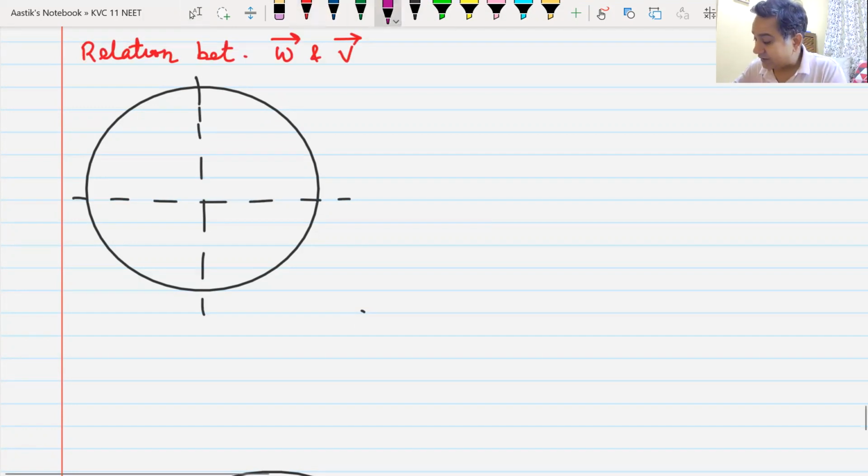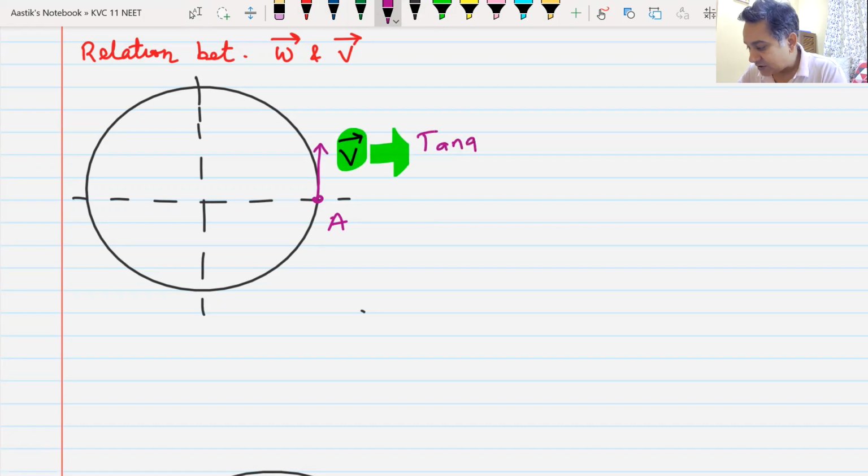Suppose the particle is here at point A, the velocity can be like this. Remember, this velocity of this particle is always tangential. Do you understand the meaning of tangential? Along the tangent. Do we understand this? Yes or no? This velocity v is tangential.